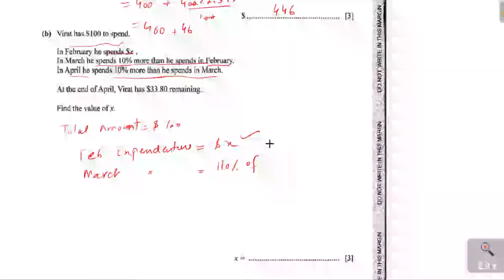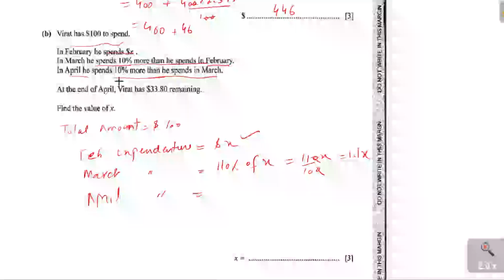In February the expenditure we can write as x dollars. The March expenditure is 10% more than in February. It means it becomes 110% of the February value, which is x. We can write 110 over 100 times x, and this will be equal to 11 over 10. This is 1.1x.